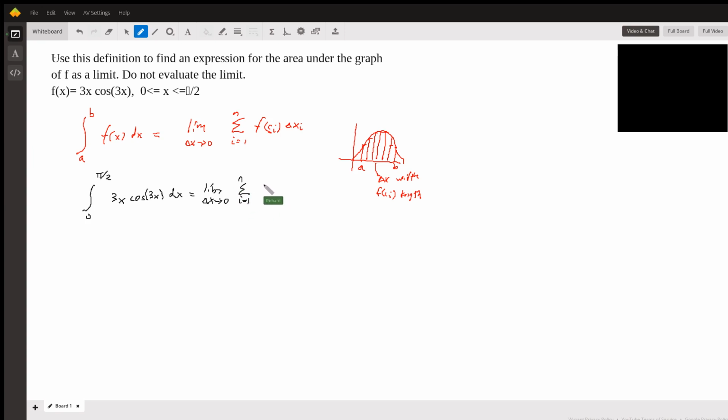Replacing x with c sub i, f of c sub i is 3 c sub i cosine of 3 c sub i, times delta x sub i.